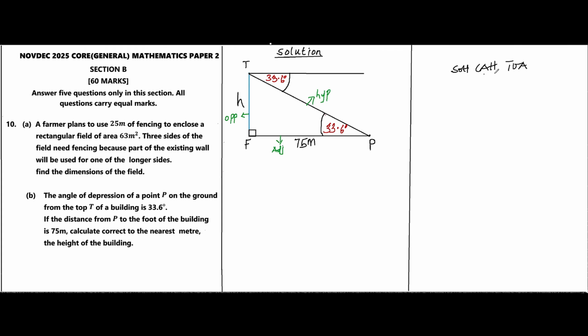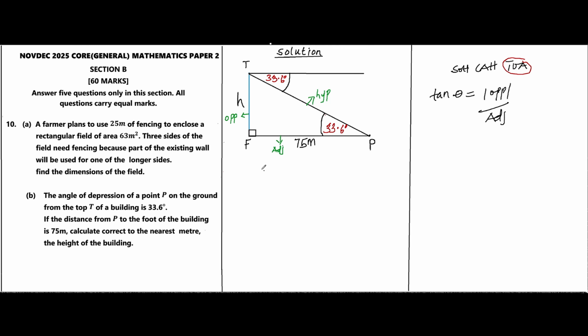So among SOHCAHTOA, which of them has opposite and adjacent at the same time? The opposite and adjacent, that is TOA. And we know that TOA says that the tan of the acute angle, which is theta, should be equal to the length of the opposite divided by the length of the adjacent.